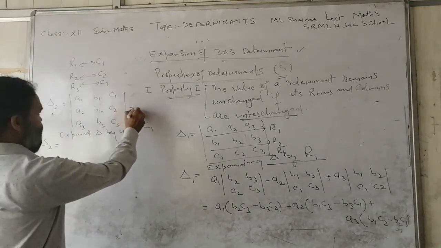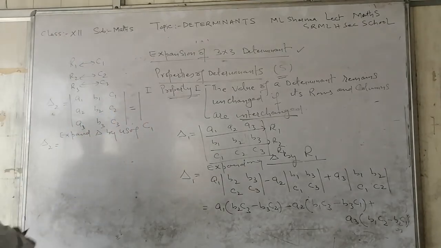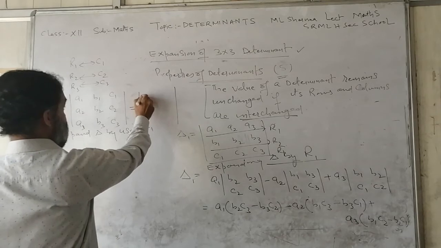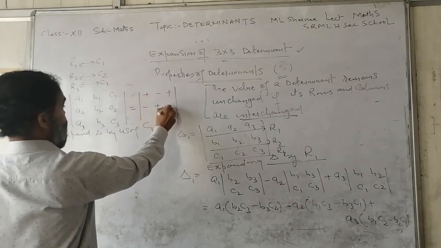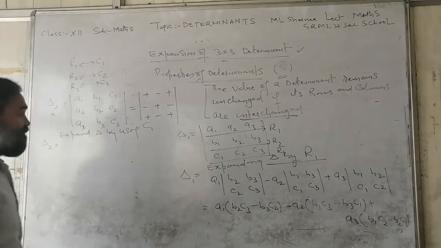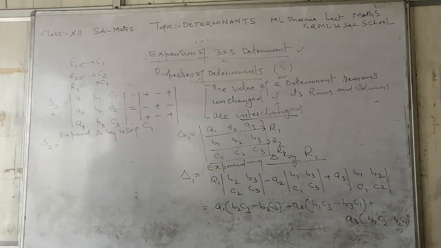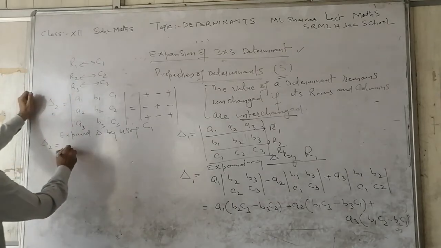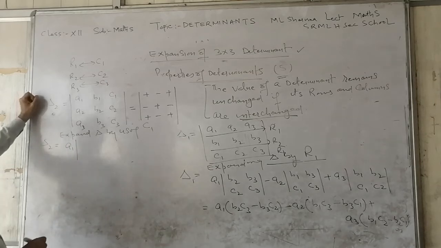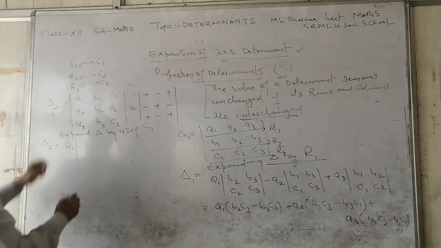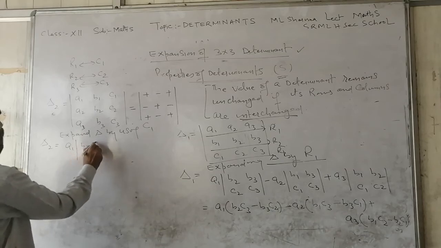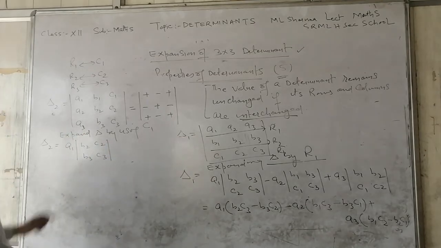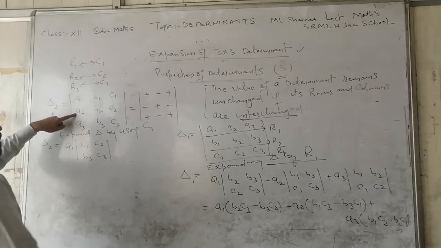As I had earlier shown you the signs which we use while expanding a determinant, you will remember these signs because they are used. So if I expand this by C1, I will write the first element as A1. This row and this column are again to be deleted, so I will be left with B2, C2, B3, C3. Then comes the turn of A2.